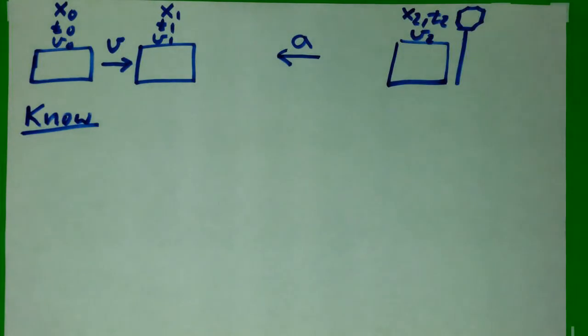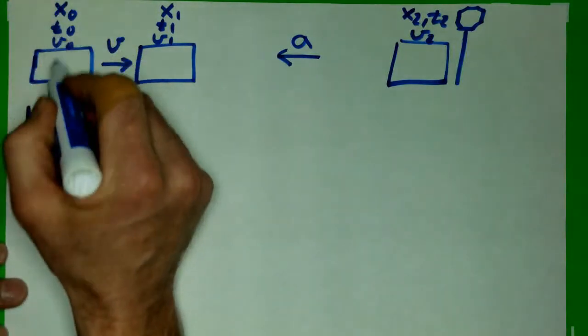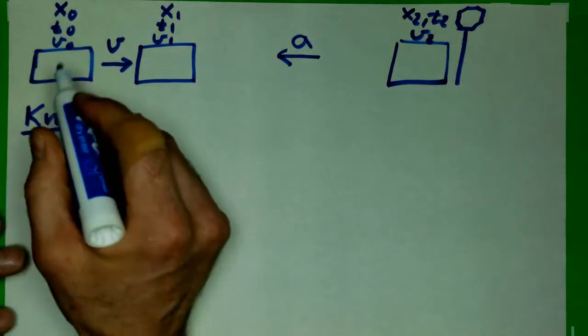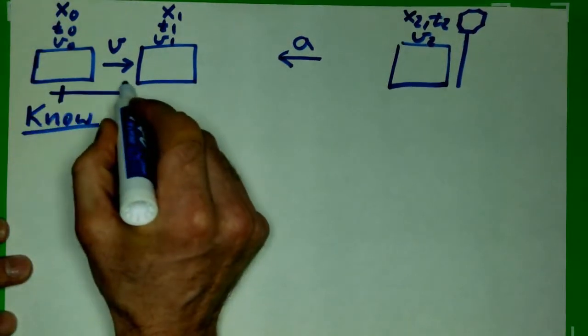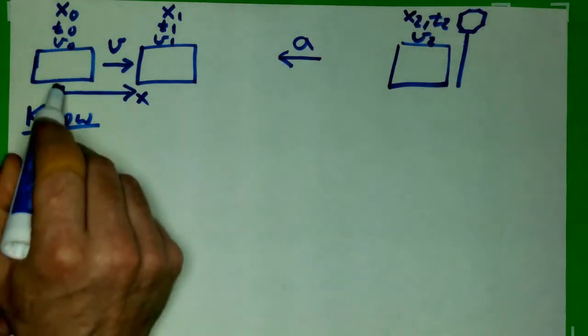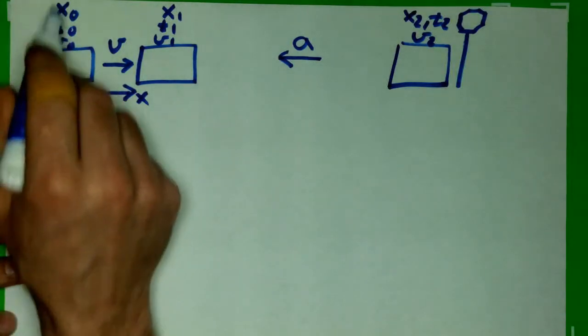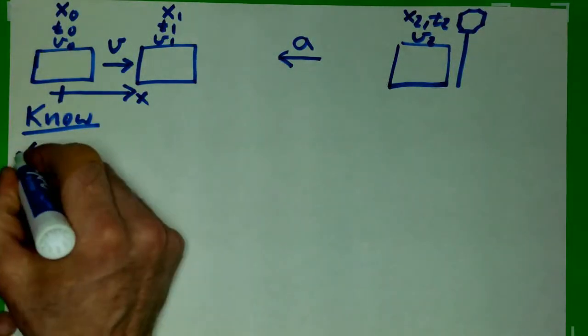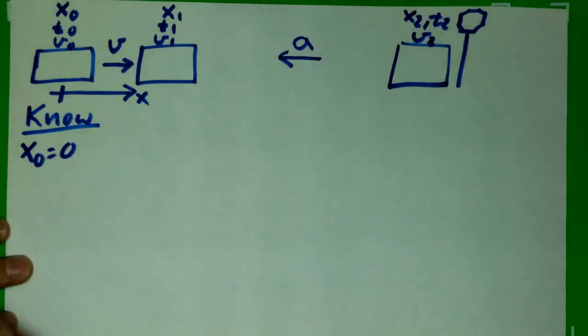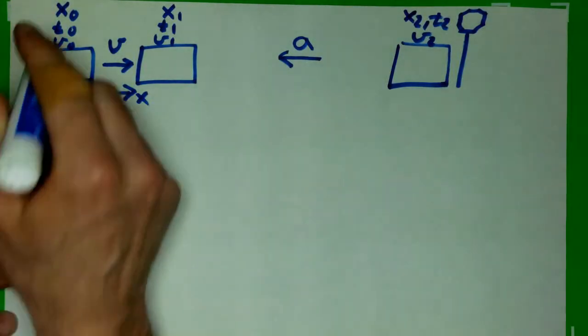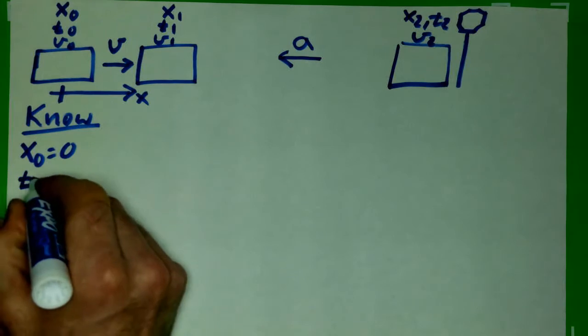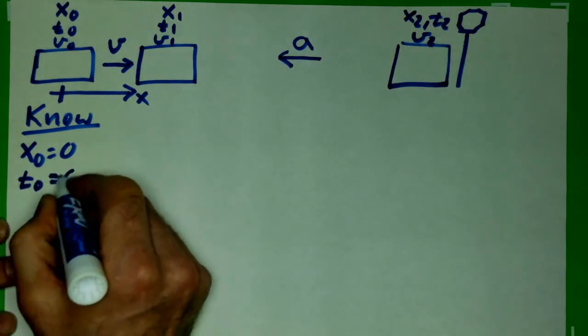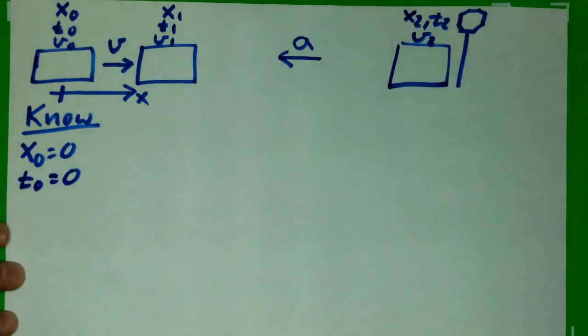Okay, what of these do I know? Well, I could say that my initial position is 0. I need to show that by drawing a coordinate system with my crosshairs there. So this now allows me to say x0 equals 0. And then I could always start my time whenever I want, and to make it convenient, I'll say t0 is also 0.